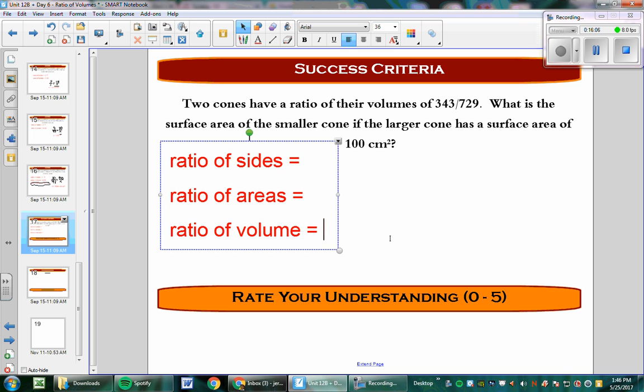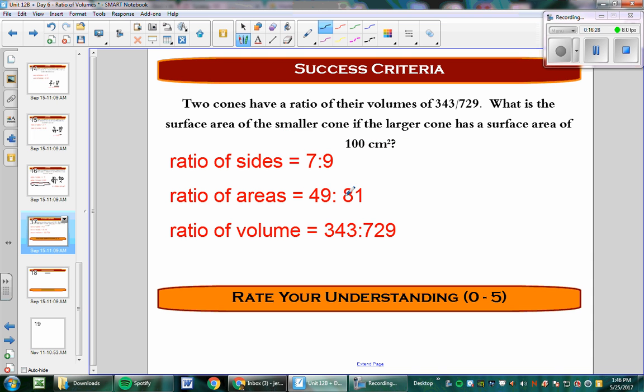So the ratio of volume is 343 to 729. If I cube root that, using the cube root function on a calculator, that's going to be 7 to 9. And the ratio of areas, I have to square that to get 49 to 81.